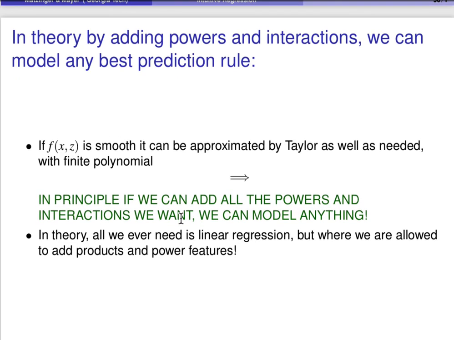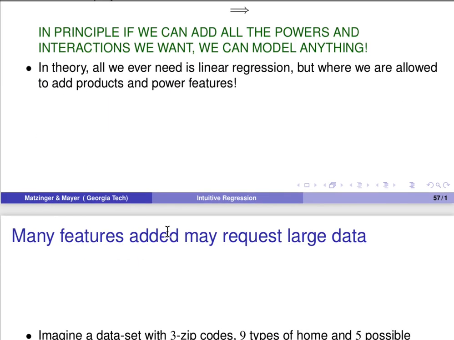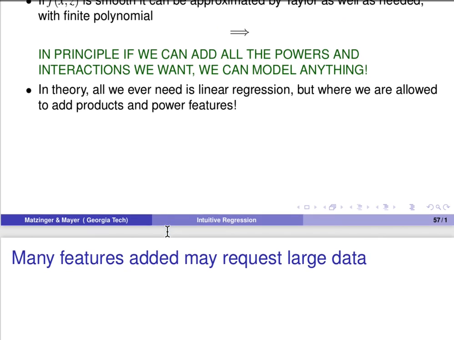In principle, if we can add the powers and interactions we want, we can model anything because of Taylor. Remember, in Taylor, you can approximate, at least if f, the best prediction rule, f of xz is smooth, then you can approximate it by a finite polynomial. Then you add these terms of the finite polynomial and bingo, except that may lead to many features and make some overfitting. So that may require large data.